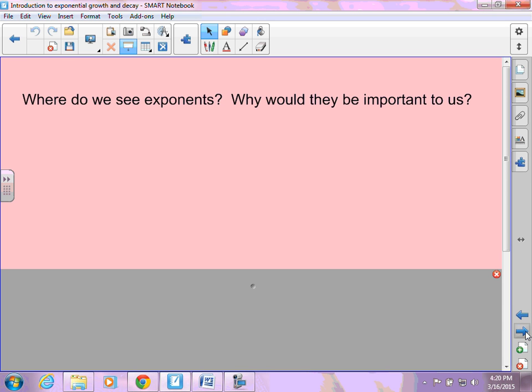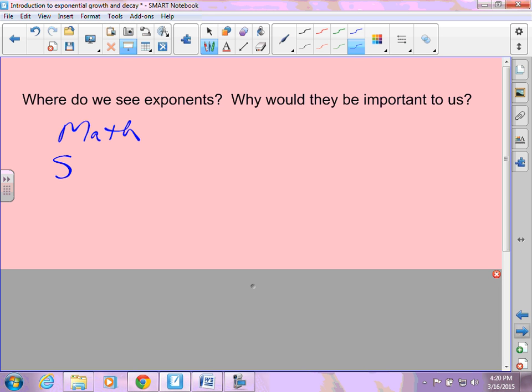So first of all, where do we see exponents and why are they important to us? Of course, we see them in math, and we see them in science. We see exponents with money. We see them with big numbers.